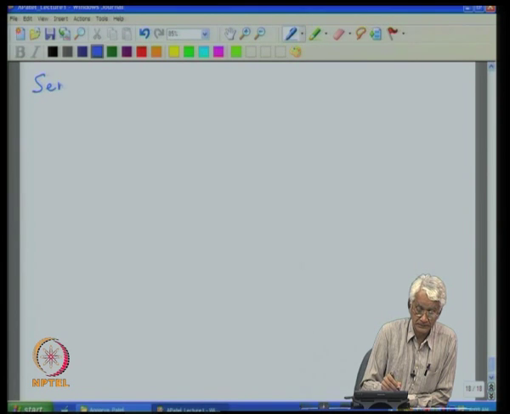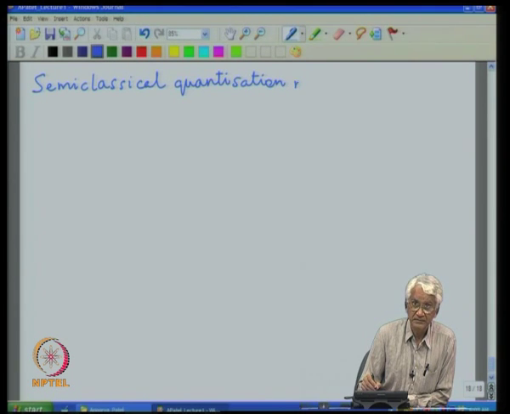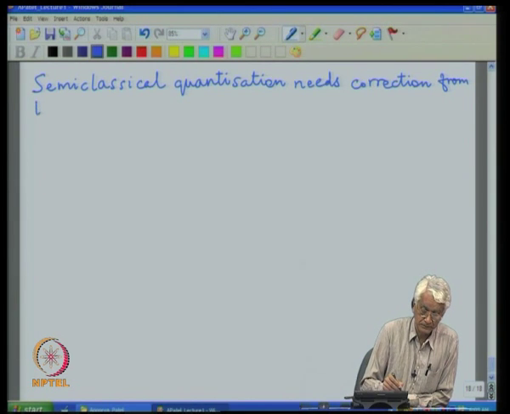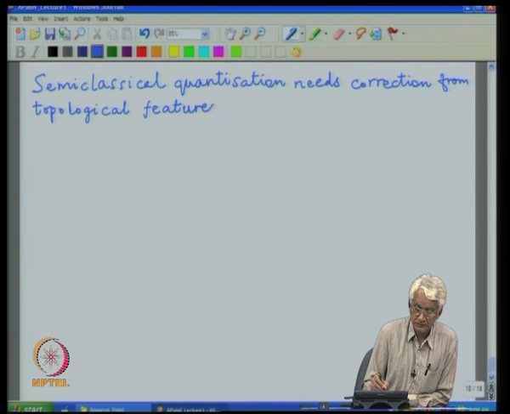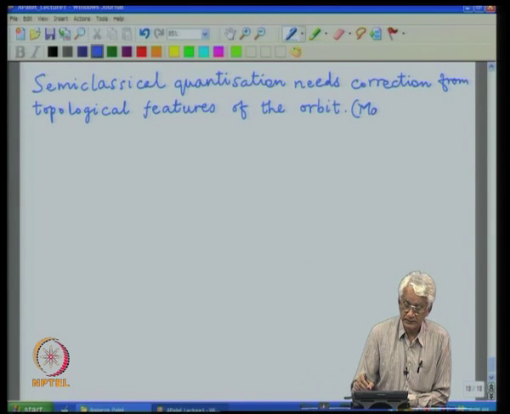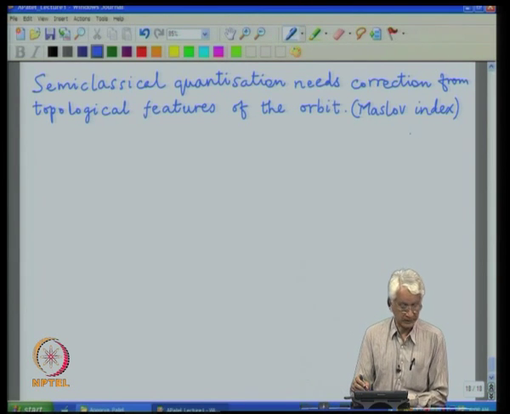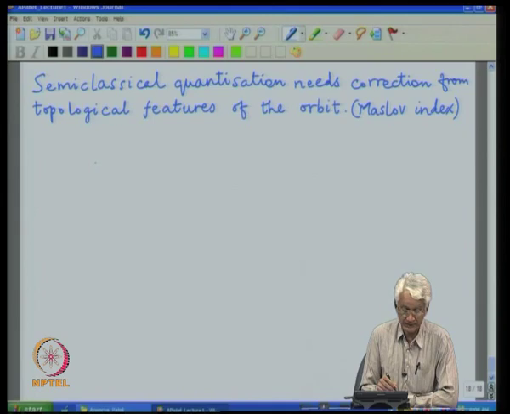So this, in modern terminology, is referred to as a Maslov index, but it was immediately noticed by Einstein, and he already specified how the numbers should be shifted.